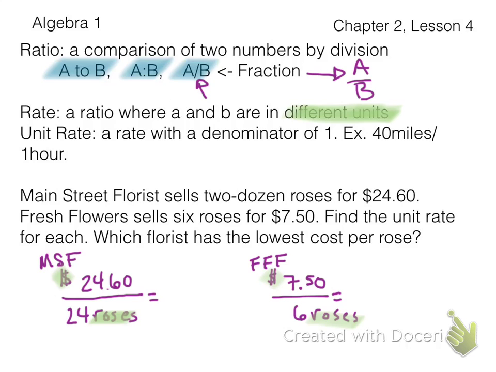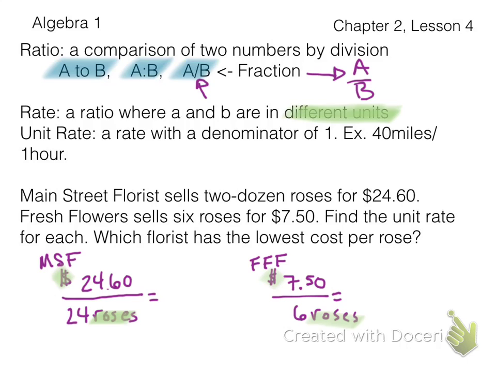So basically, they're asking how much does one rose cost, because they're not going to sell you like 1.5 roses, even if 1.5 roses cost $1. It's easier to get the price compared to one rose as opposed to $1 compared to a rose that you may have had to cut in half. And no one wants a rose that's cut in half, or at least to pay for a rose that's cut in half. All right, so which florist has the lowest cost per rose?